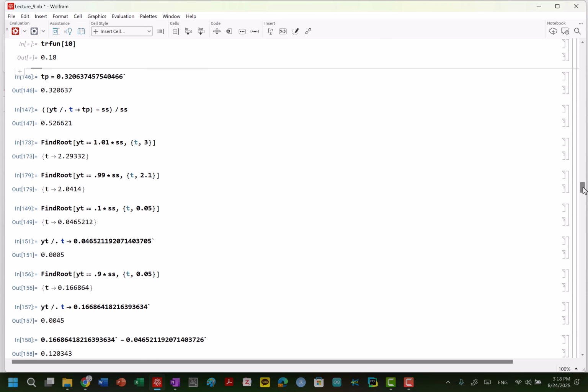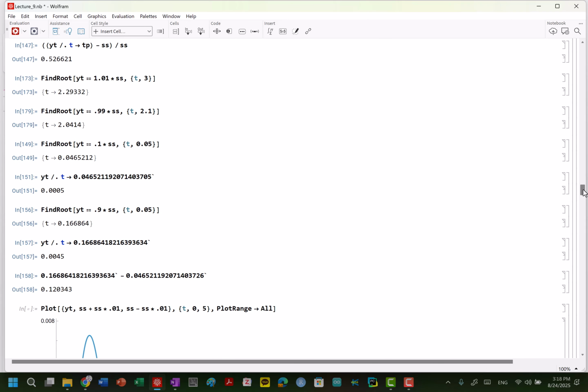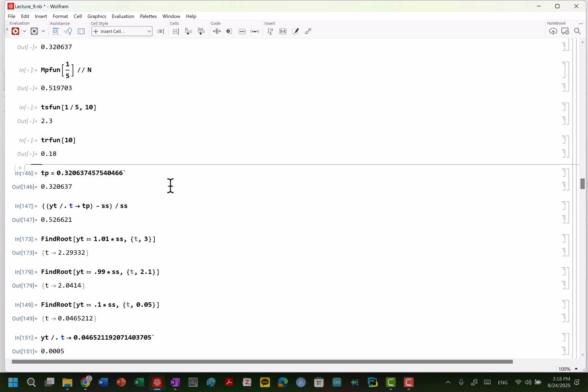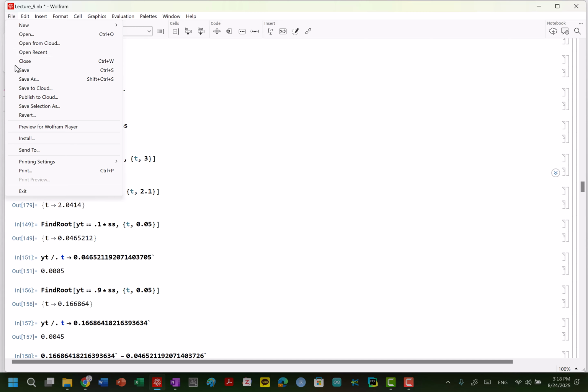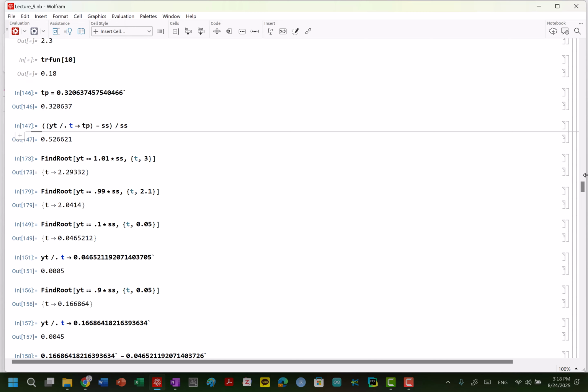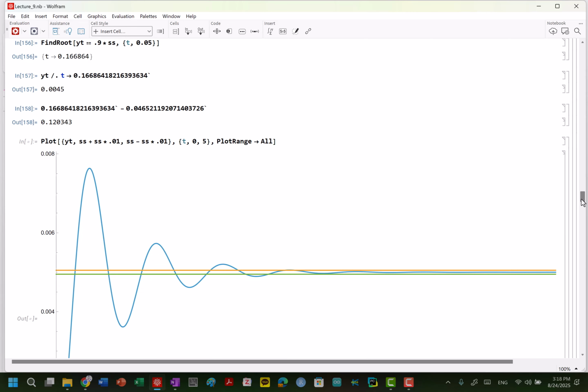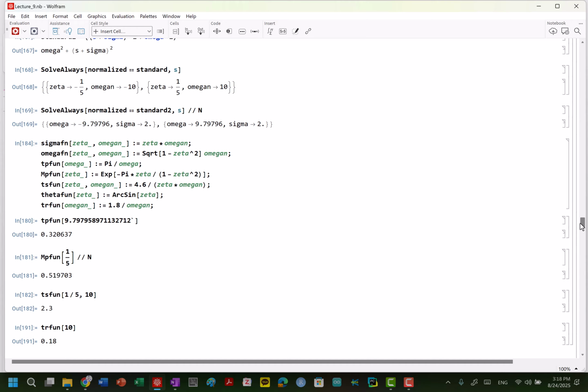The rise time, what was our rise time? 0.12, 0.18, not too bad for an expression. And finally the settling time, 2.23. We're doing pretty good. I'm going to save this notebook. This is a good way to correlate the two. So again, you don't have to remember those functions, you could just calculate it out.